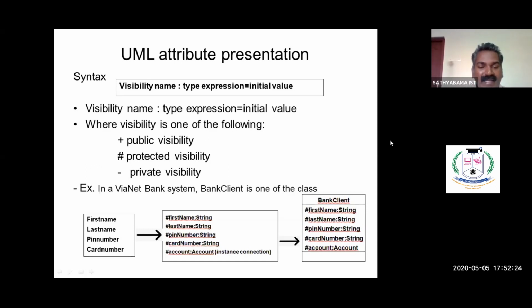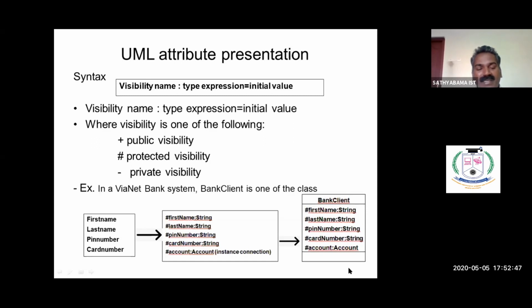Then for private visibility, we can use a hyphen as a symbol. So it is a private member. In this example, if you are taking the ViaNet bank system, first name, last name, PIN number, card number, these are all the data members of the bank client.